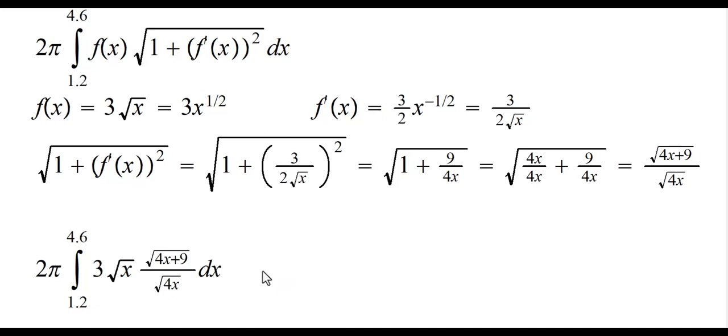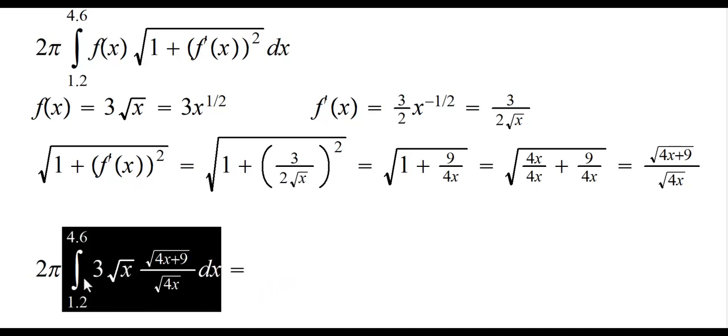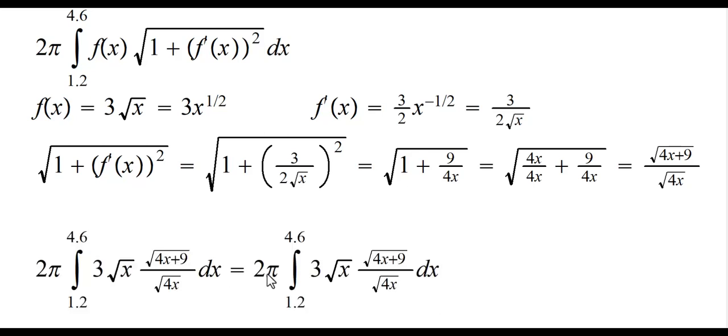So square root of 4 will be 2, and then we will have some cancellations, okay?